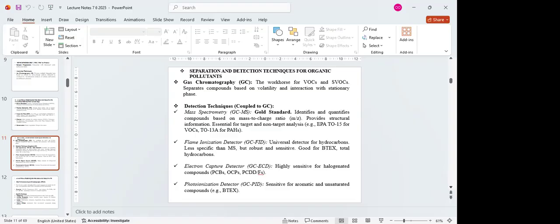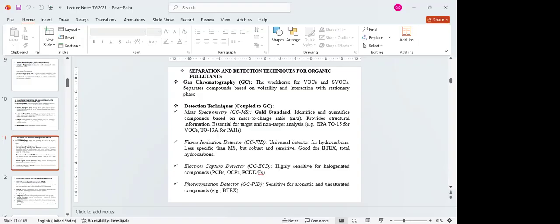Now, the other one is the photoionization detector, GC-PID, which is sensitive for aromatic and unsaturated compounds. So you discover something, that the GC-FID and GC-PID are closely related.